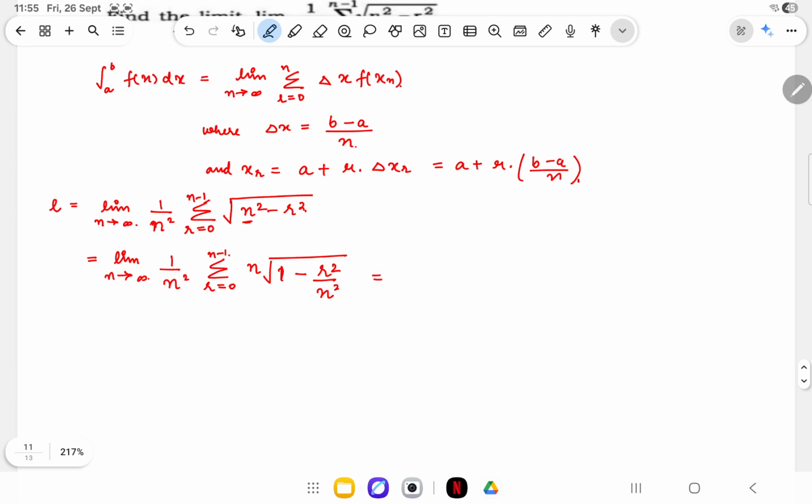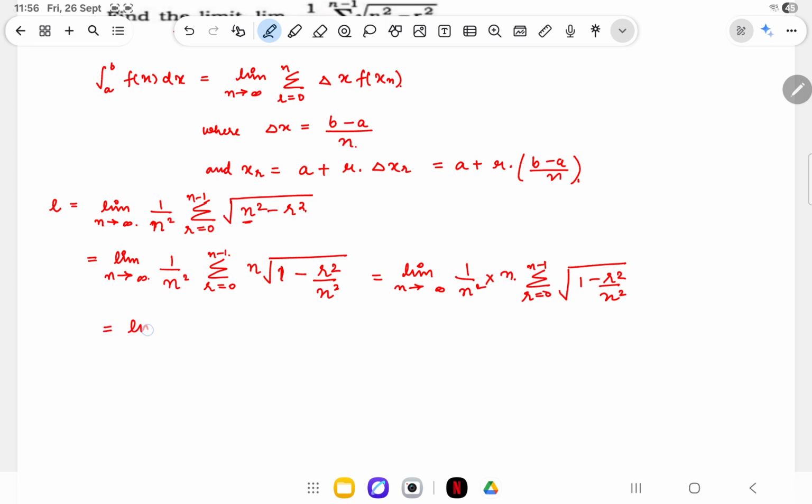And if I simplify it, since the summation is varying over r, I can pull out this n outside the summation sign as well. So if I do so, I'll get limit n approaches infinity, 1 by n square into n, summation r equals 0 to n minus 1, under root 1 minus r square by n square.